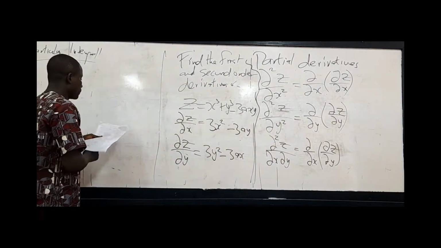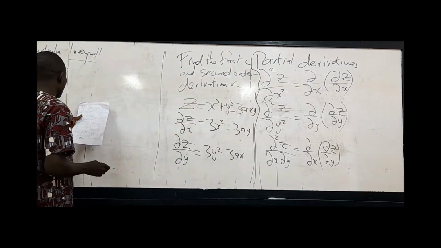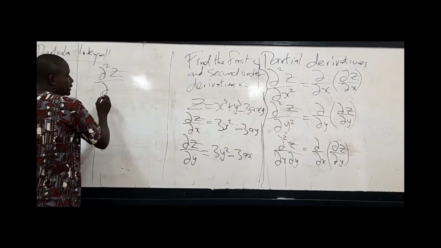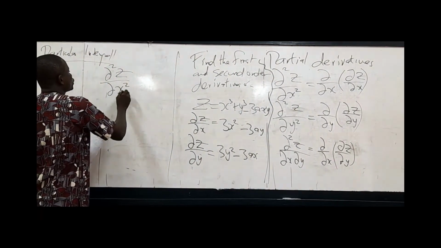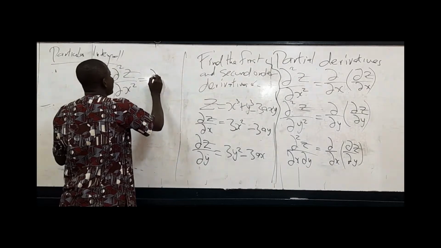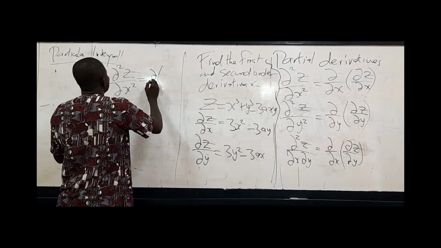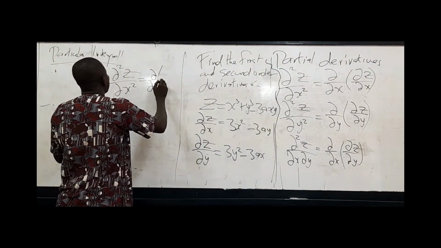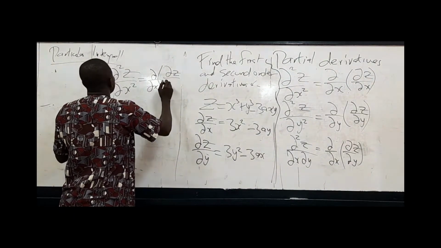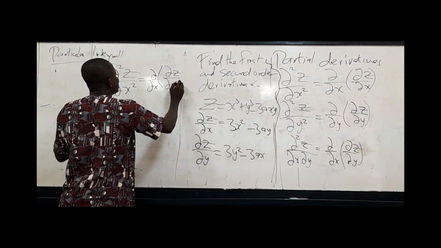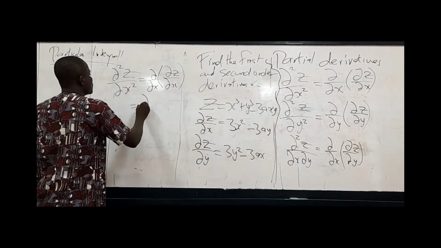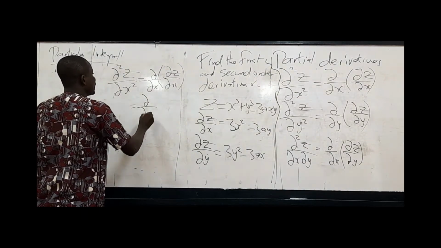Then they say, let me see. We have the second derivative of z over x squared. Remember this one, I told you that this is the same as d/dx of dz/dx.